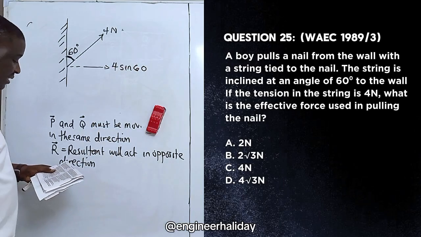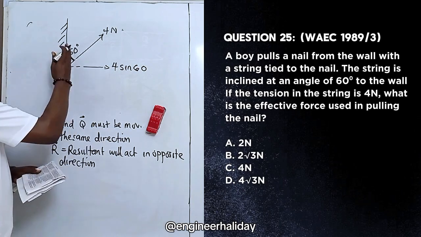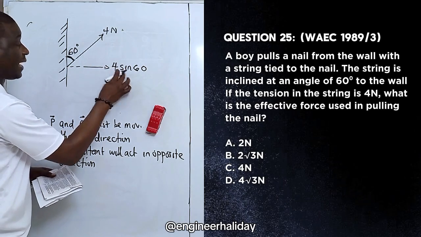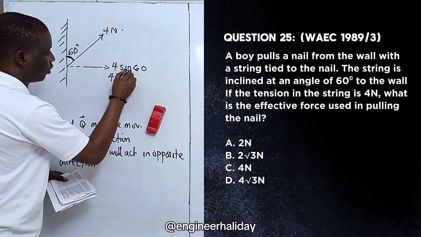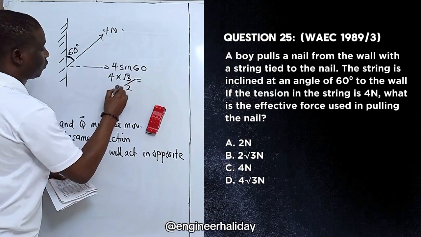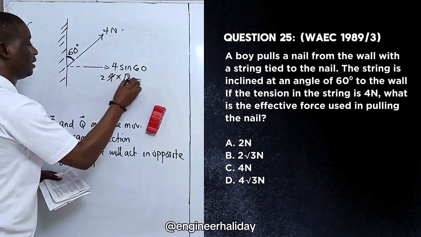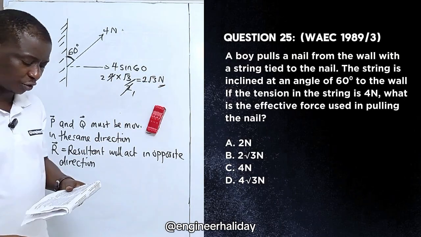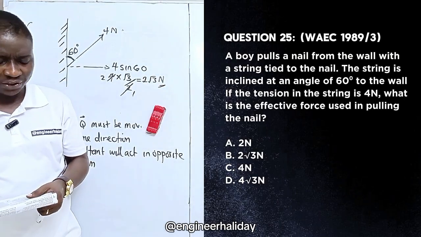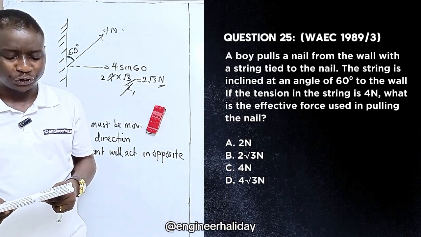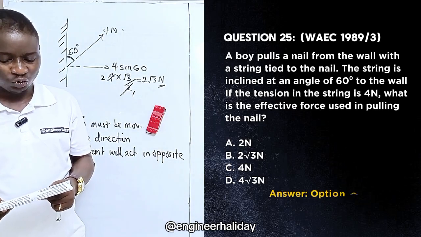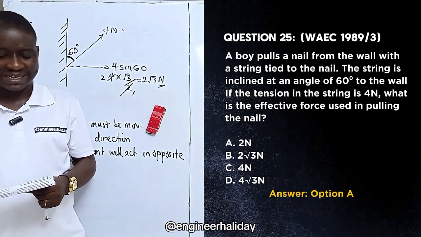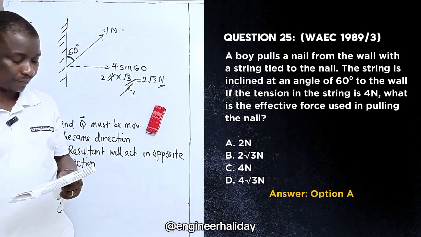The open part, what you want to open it, is sine. So here will be 4 times root 3 over 2. So 2 here cancels 2 here, and we have 2 root 3 Newton as the force to pull it. Option A is 2 Newton, B is 2 root 3 Newton, C is 4 Newton, D is 4 root 3 Newton. That is the 1989 question number 3. So the answer is 2 root 3 Newton, option B.